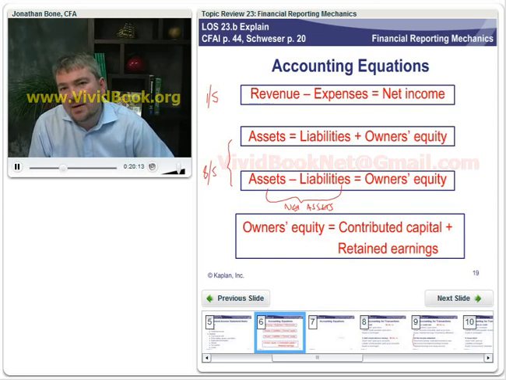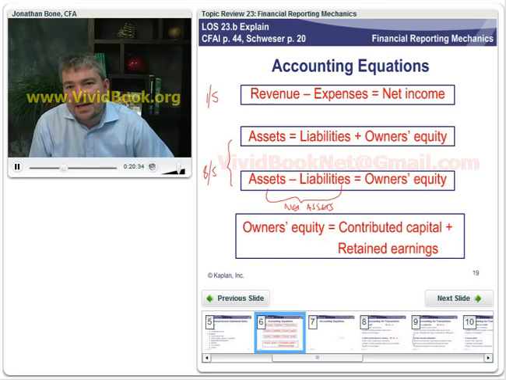Now, owner's equity equals contributed capital and retained earnings. We saw this earlier. Contributed capital are the amounts paid by shareholders to acquire shares, split between par value and additional paid-in capital. Retained earnings, remember, are the key linkage between the income statement and the balance sheet.